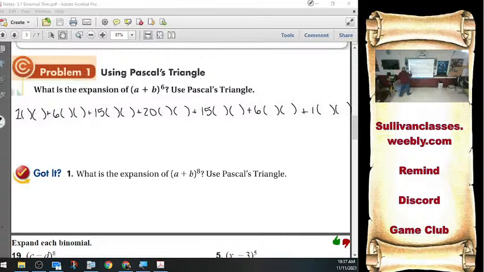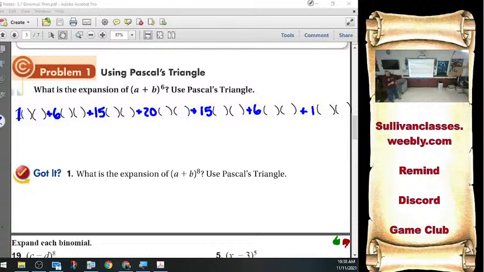So we've got all of these coefficients: 1, 6, 15, 20, 15, 6, 1. So I start with the coefficients. Why would I have all those parentheses up there? A and B. Now, if I take 6 A's and multiply them together, I get a to the 6th.